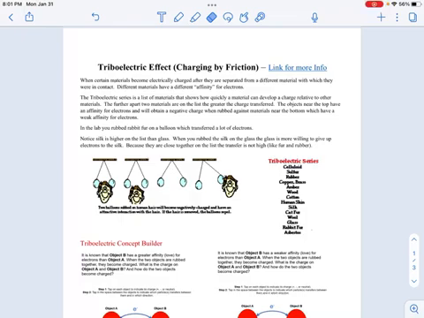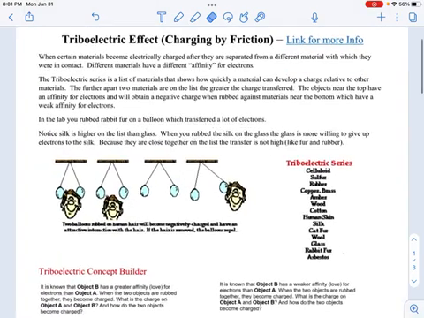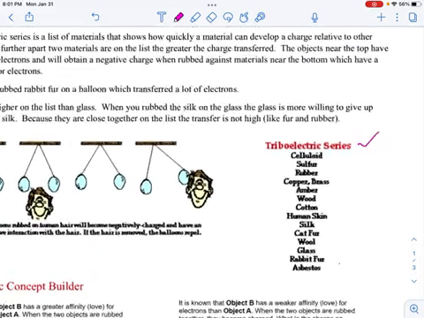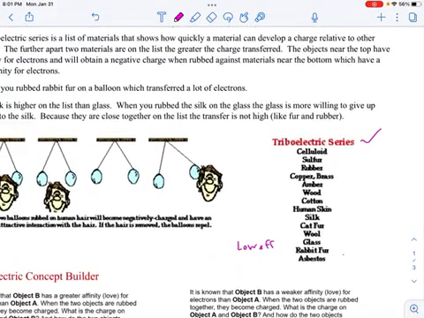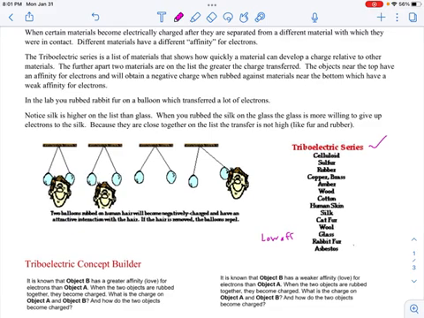So the Triboelectric effect sounds kind of complicated, but really all it's stating is this. There is a list of materials that you see here that is in order from top to bottom. And at the bottom are objects that have a low affinity for electrons.